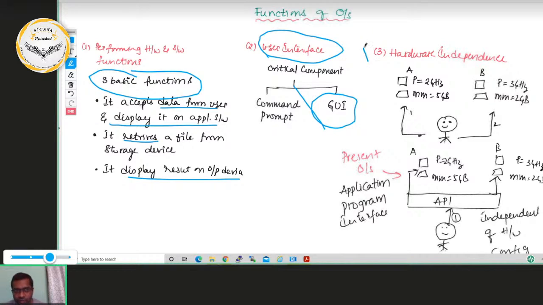The next function of an operating system is hardware independence. What do you mean by hardware independence?